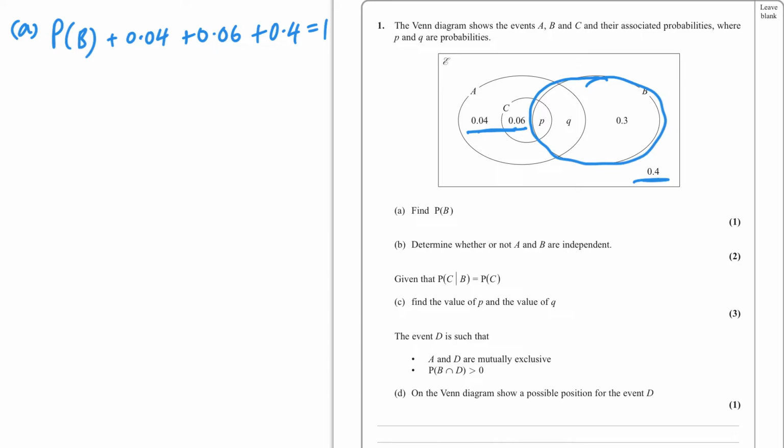So all 4 of those equal 1. And that's what I've got to look at. So that means that probability of B is going to be 0.5.